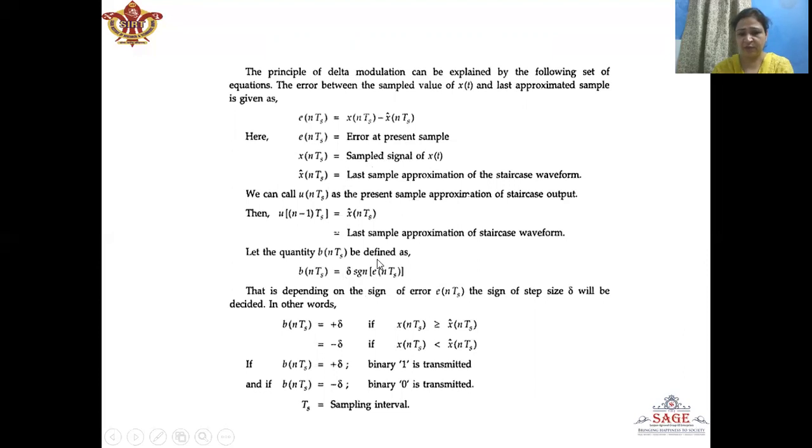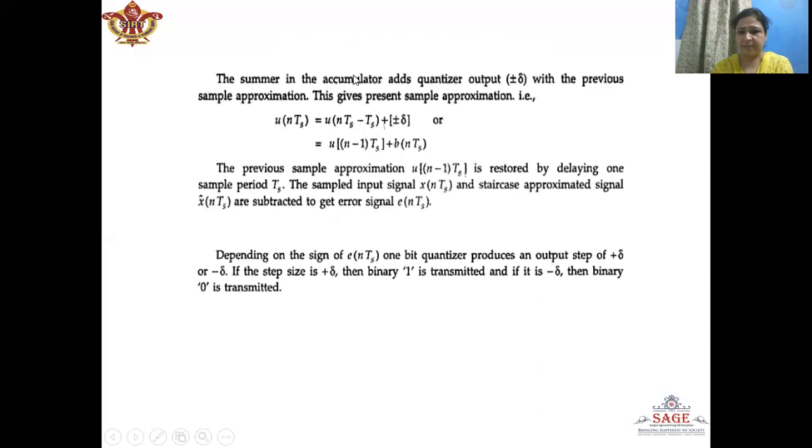So b(nTs) will have the value either plus delta or minus delta. The plus delta value will be generated when x(nTs) is greater than or equal to x cap(nTs), whereas the minus delta value will be generated when x(nTs) is less than x cap(nTs). When b(nTs) is plus delta, binary 1 is transmitted, and when b(nTs) is minus delta, binary 0 will be transmitted.